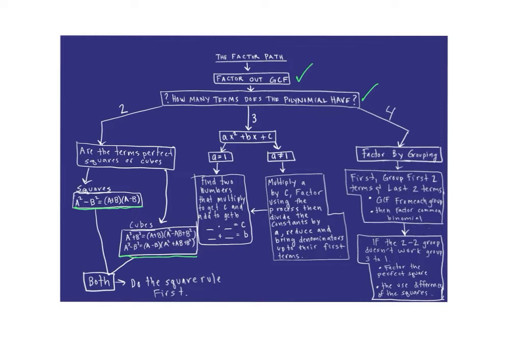And remember, with those formulas, we will figure out what A is and what B is, and then plug A and B into each of the formulas. Now, here's the trick. If the 2 terms happen to be perfect squares and perfect cubes, always do the perfect square rule first.